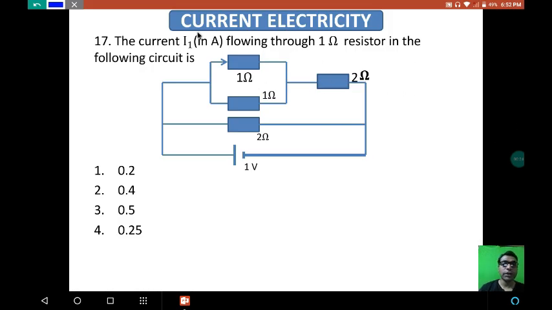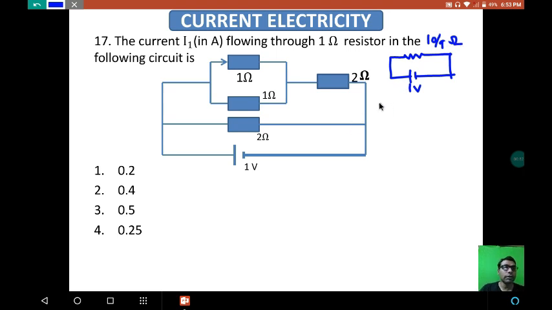If you can see, we can simply find the equivalent resistance of this circuit. The equivalent resistance is, this 1 and 1 in parallel, come to be in series, the 5 by 2, and this is in parallel with 2, which comes to be 10 by 9 ohms.